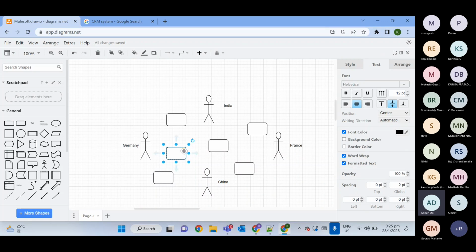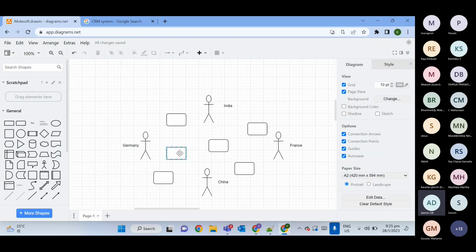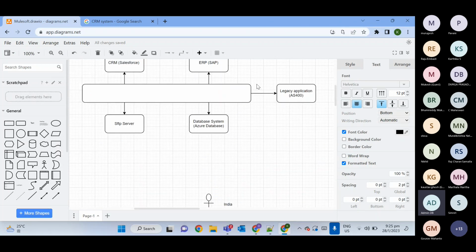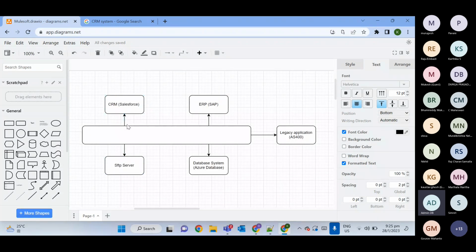So one person knows how to communicate with this point and how to communicate with this point. So this kind of communication is known as point-to-point communication. So previously also, when these two systems wanted to communicate, we had point-to-point integration.